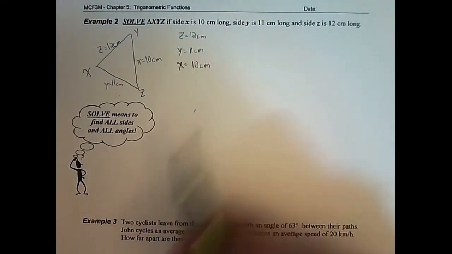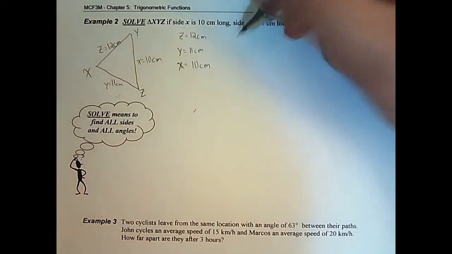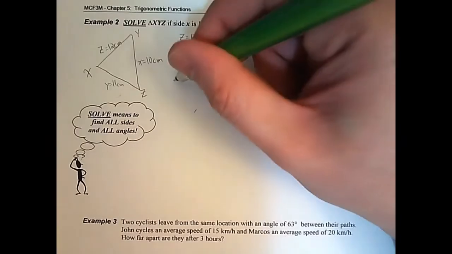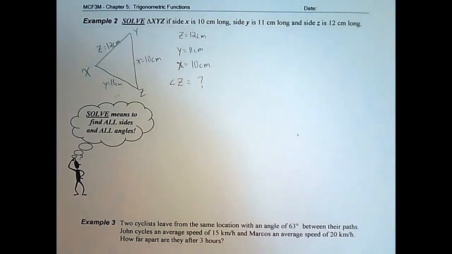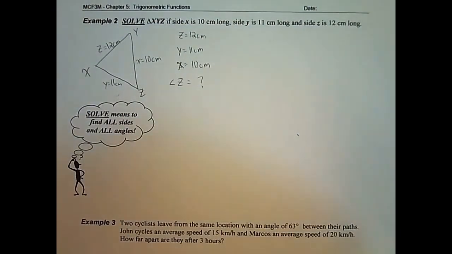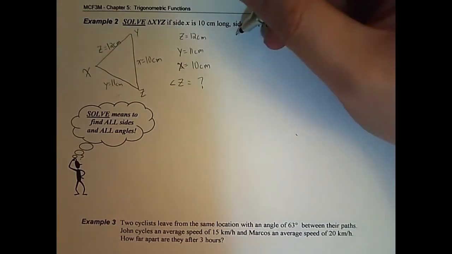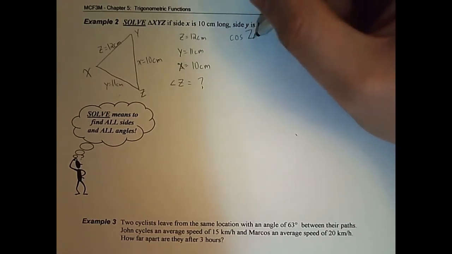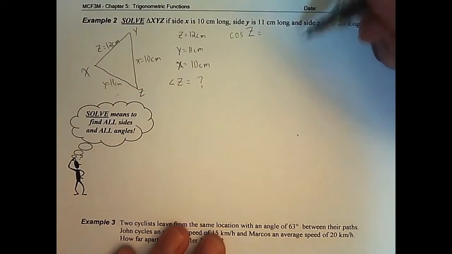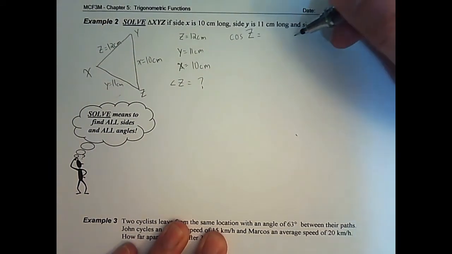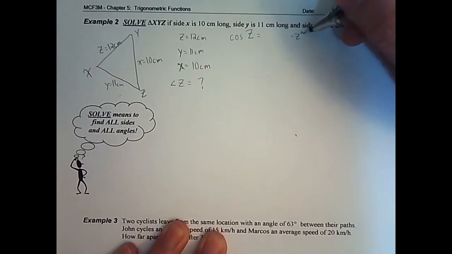So I'm going to start with angle Z, we said. Well, sorry, this is side Z, but I want to find angle Z. So I want to write my cosine law equation where I'm solving for an angle. So I'm going to have cos for angle Z. And I know in my cosine law, if it's angle Z, it's always going to be the minus Z squared at the back.